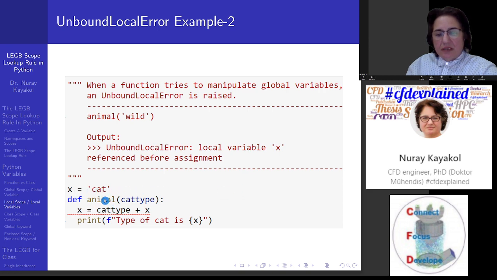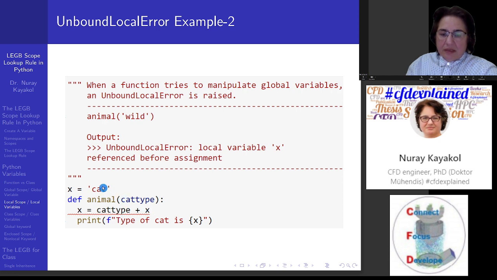Inside of the animal function, now it takes attributes from outside. A cat type is added as a new variable. Here x is equal to cat type plus x. This is again an unbound local error. Why? x is defined outside of this function.